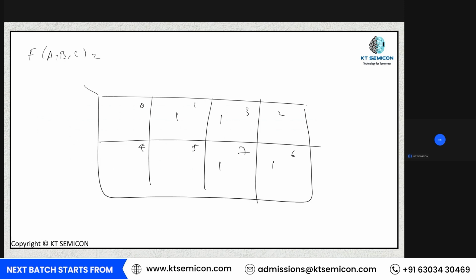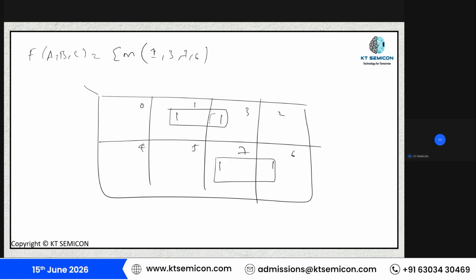So the minterms which I have are 1, 3, 7, and 6, right? Now, first of all, let us group the prime implicants. So this is one prime implicant, and this is another, and this is another, right? So this is also a prime implicant which I am going to draw. So in total, I have three prime implicants in this K-map.